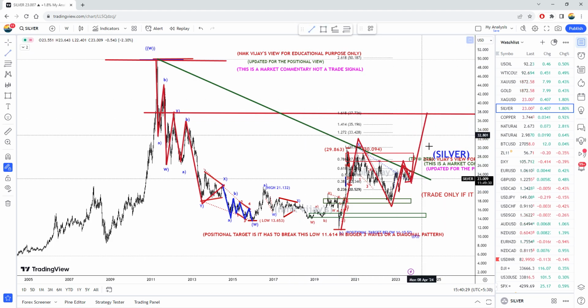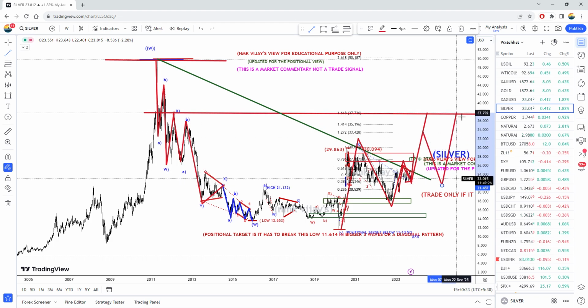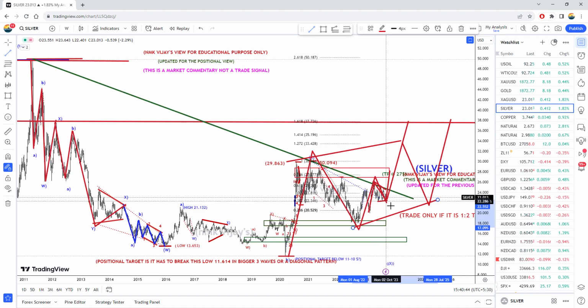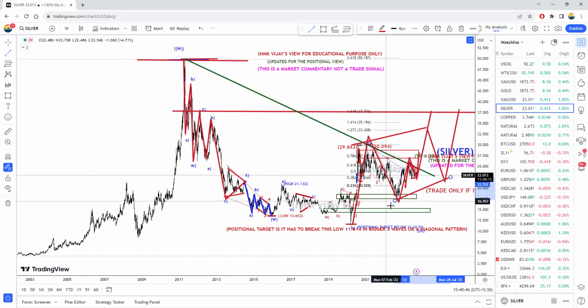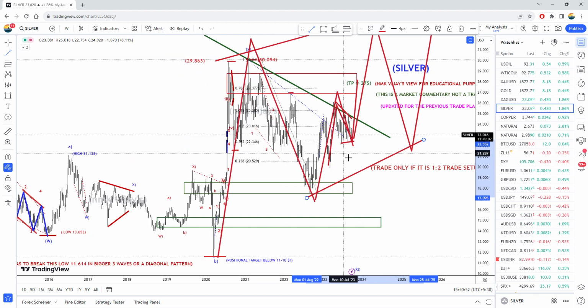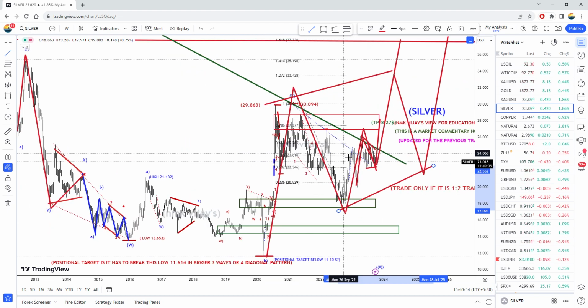One second, yeah, from here it can do like this and then one more high. Then this will become the correction part. So there are a lot of patterns we can expect in silver. So silver, no need to short it. I'm expecting to buy, but once it reaches here, we need to look at the DXY to correlate all the gold and silver to see whether to short or buy.